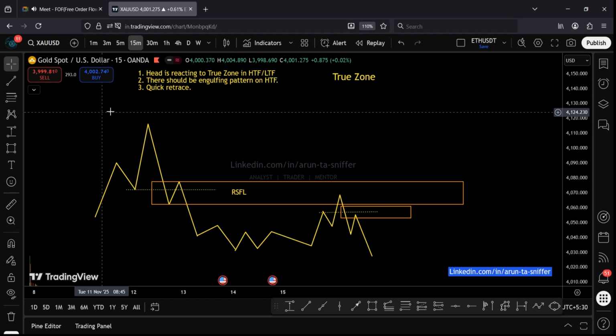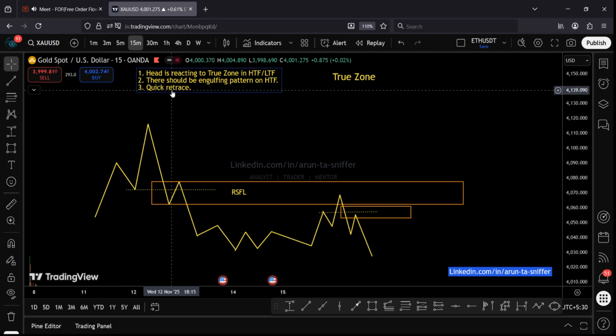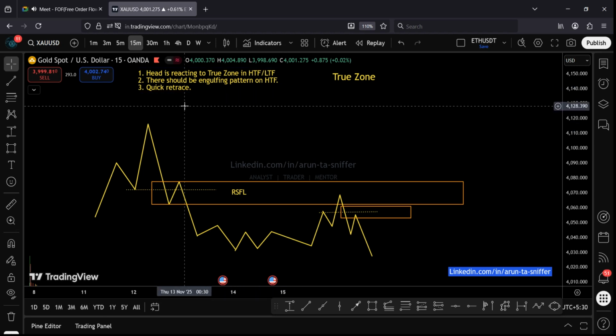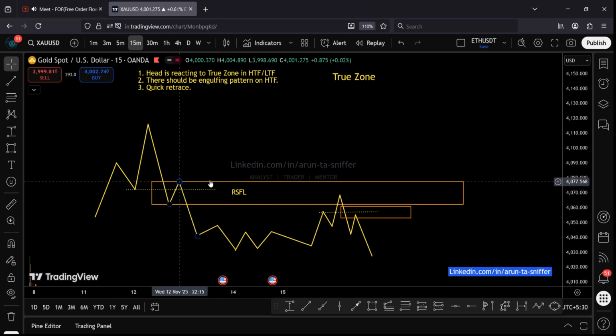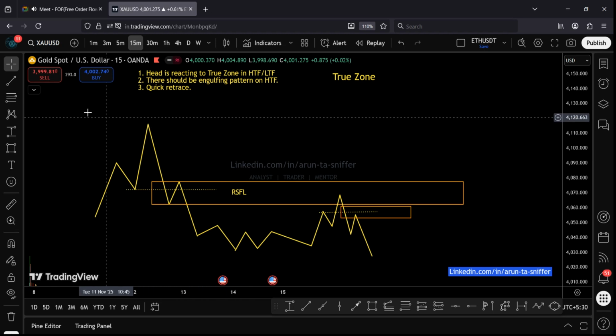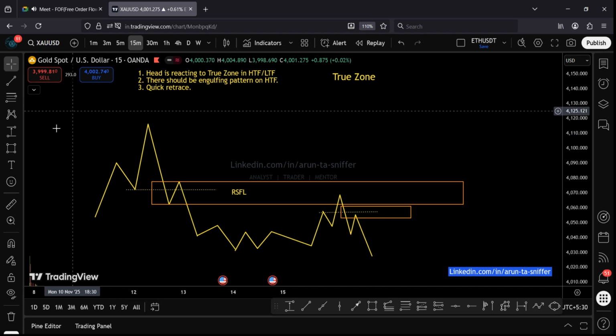But if any one or two or all three of these conditions are missing, then our zone will work as a true zone, and we will go to lower time frame, look for the PA, and then enter. We are not allowed to take the touch trade in that case. Okay, so this was our RSFL as true zone.